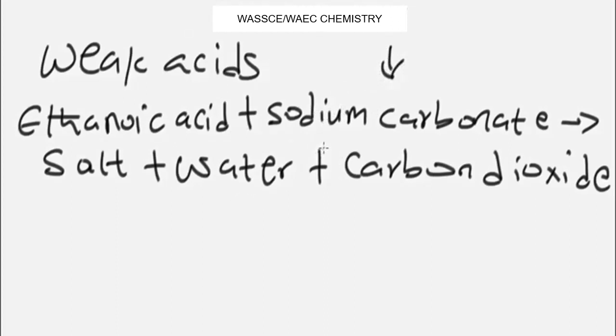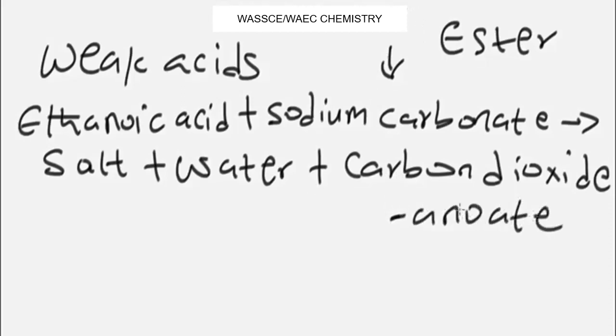Now, note that the salt formed in this kind of reaction between a carboxylic acid and a base is known as ester. Very, very important. And these esters, their names end with anoate. Very, very important.